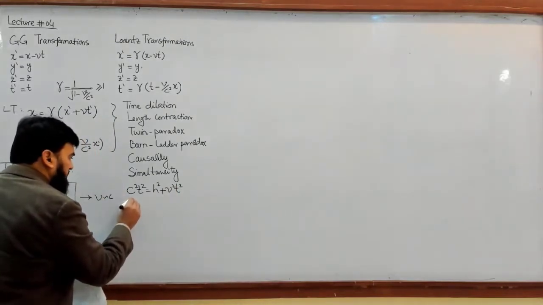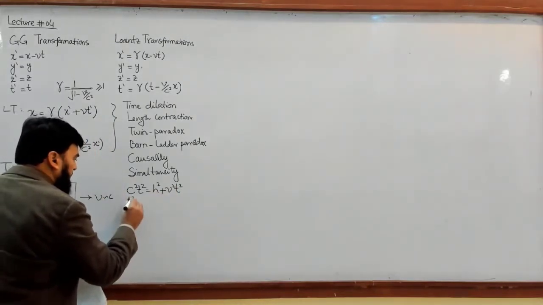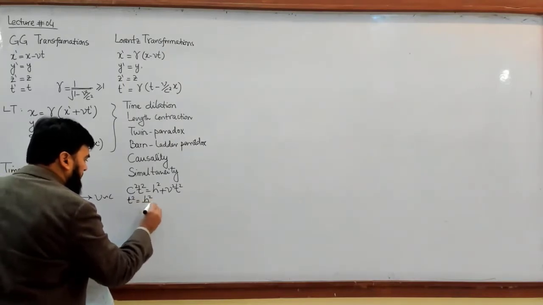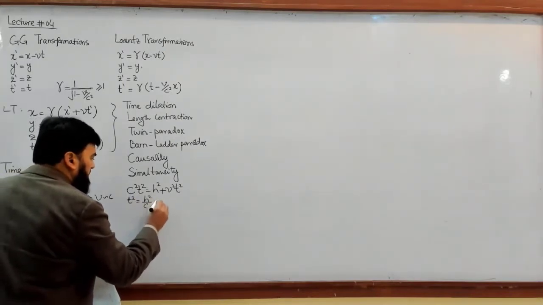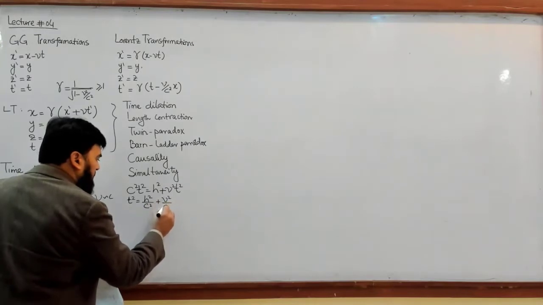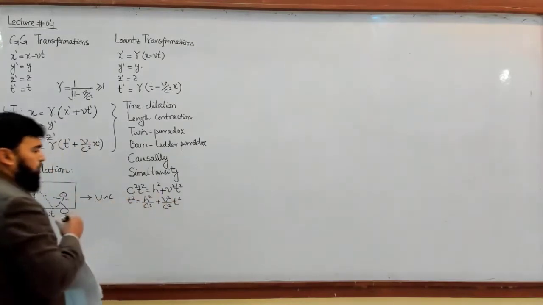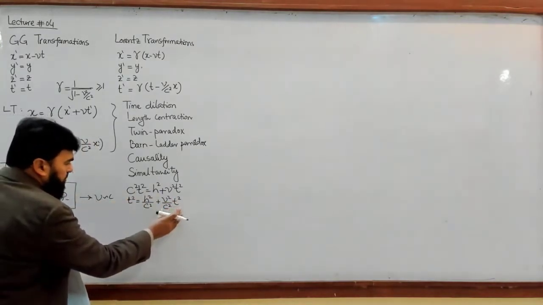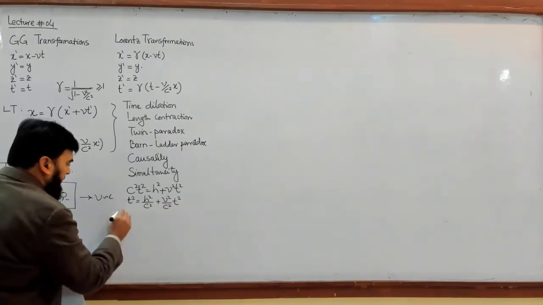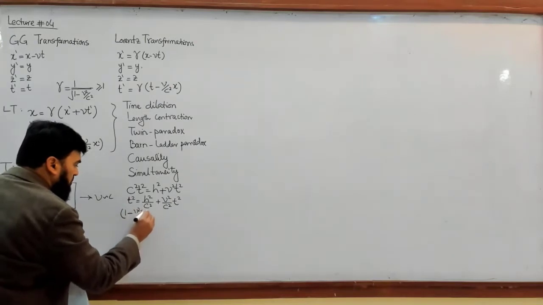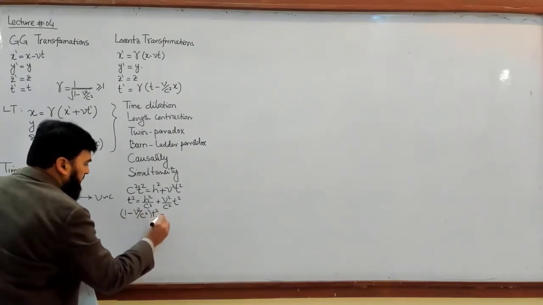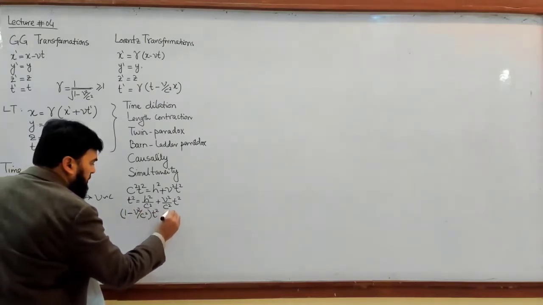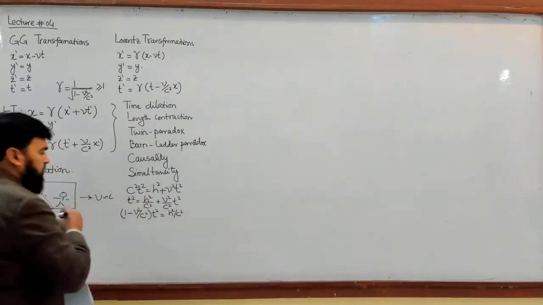And if I divide by c square, then t square is h square over c square plus v square over c square t square. I can move this one here and take t square common, then 1 minus v square over c square t square is equal to h square over c square.